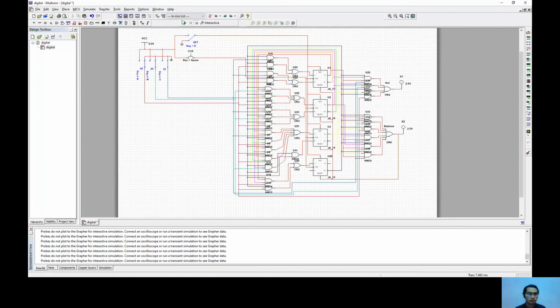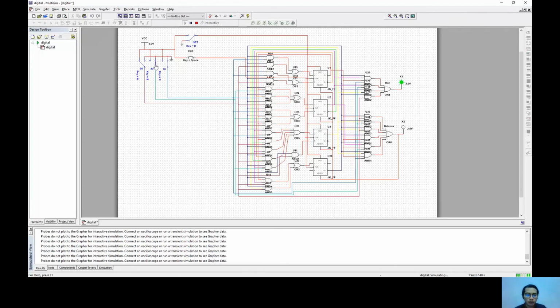So let's run. Okay, the circuit is already running. When we put in 10 cent, nothing changes. When we put in only 20 cent, it also doesn't change anything. When we put in 50 cent, the probe at hot drinks lights up. When we put in 80 cent, both lamps light up.